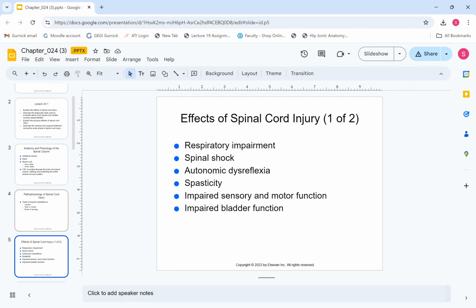Okay, the effects of spinal cord injury. Wherever the injury is, wherever the transection is, you're going to have loss of control for whatever that nerve tract controls and all the nerve tracts below it. So the nerve tracts, those are the nerves coming out of your spine in between your vertebrae, from L5 up to your neck.